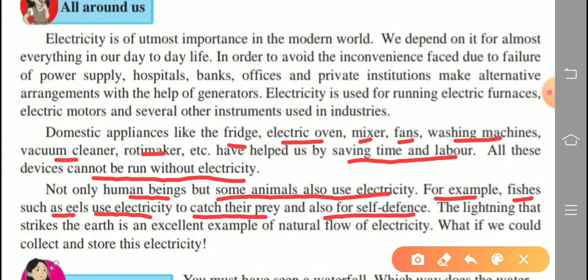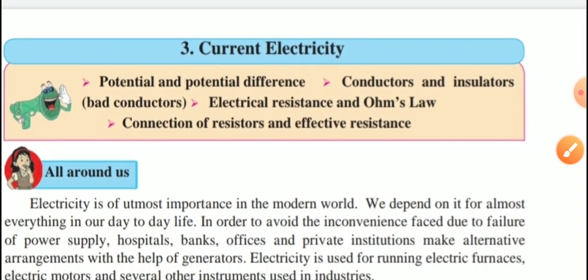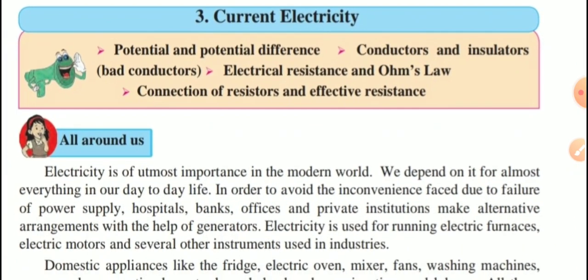Next example given: the lightning that strikes the earth is an excellent example of natural flow of electricity. So, what if we could collect and store this electricity? We learn in detail about this current electricity in this lesson number 3.